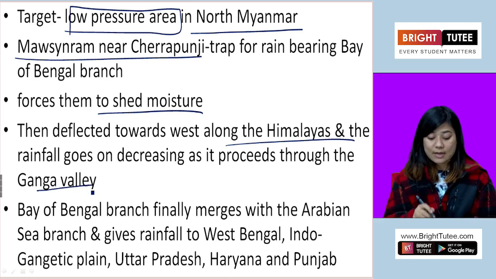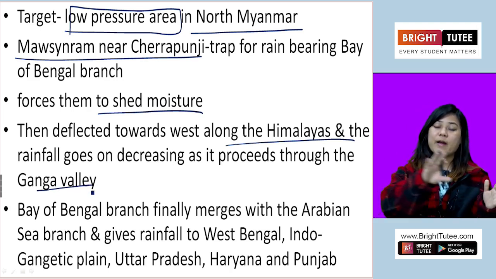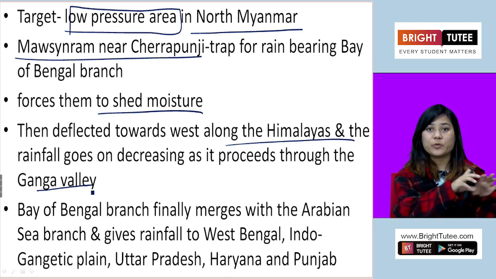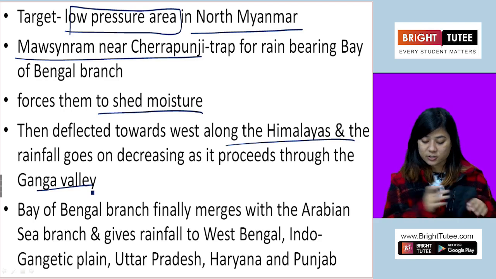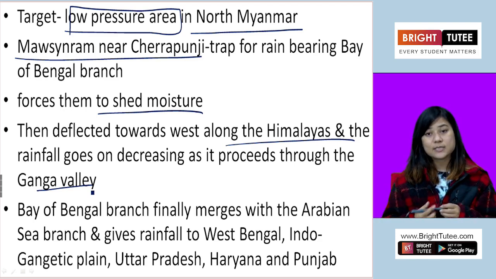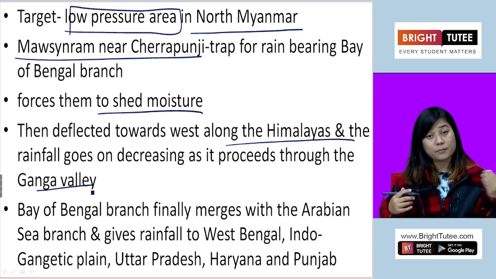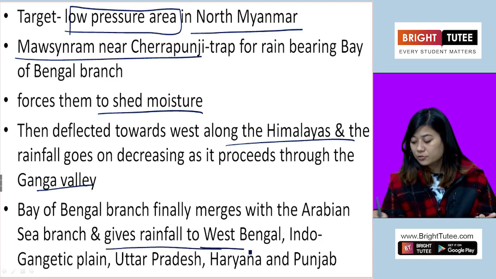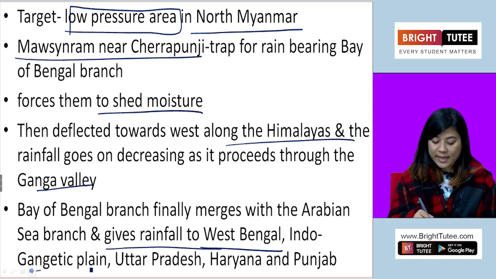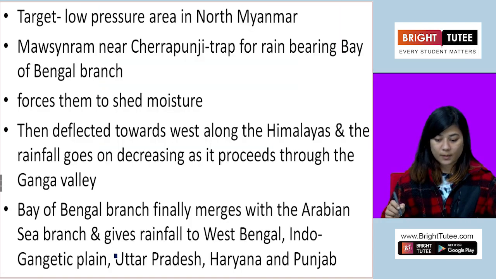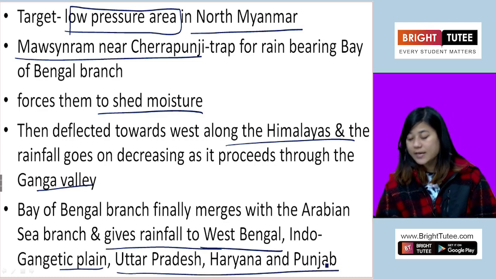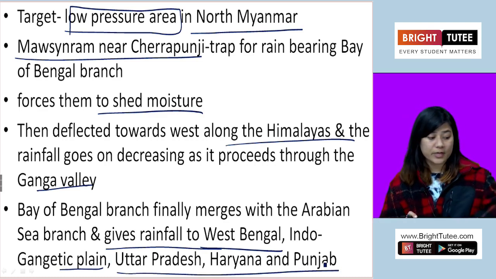This Bay of Bengal branch of the southwest monsoon wind finally merges with the Arabian Sea branch. These two merged monsoon winds give rainfall to West Bengal, the Indo-Gangetic Plain, Uttar Pradesh, Haryana and Punjab.